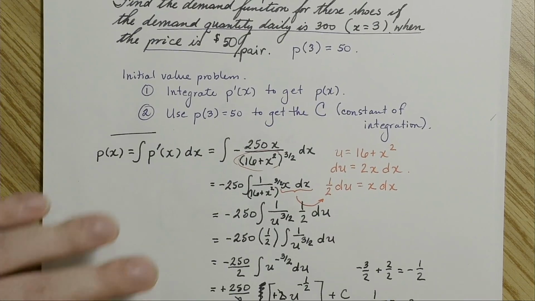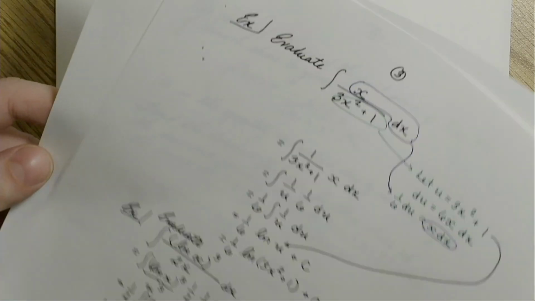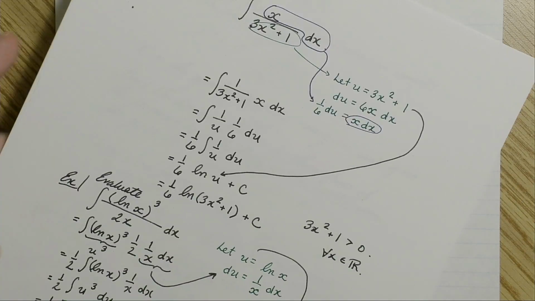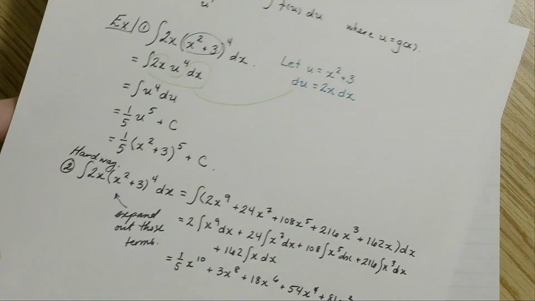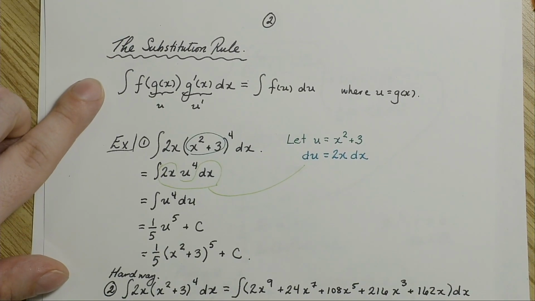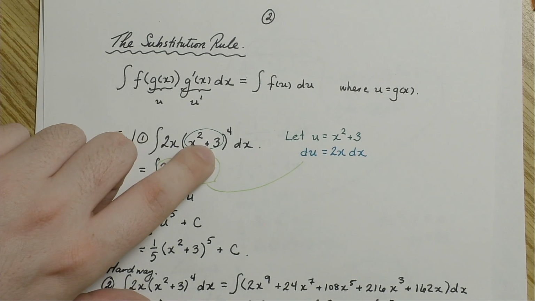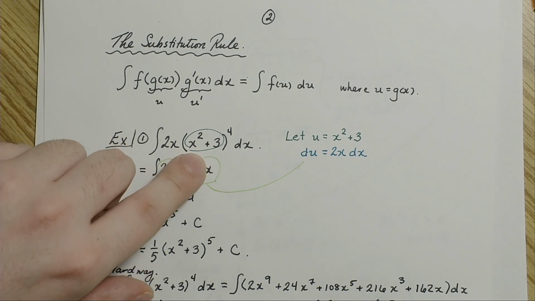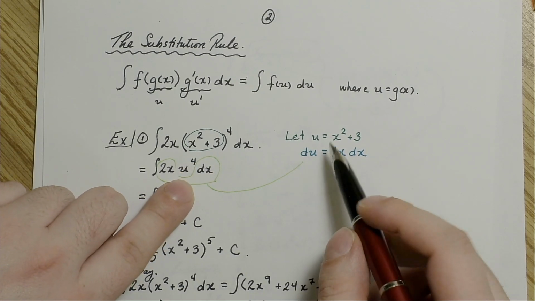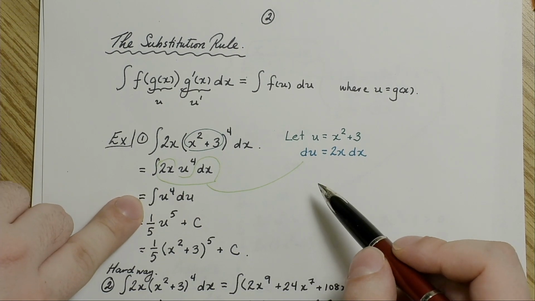Okay, so that is all that I have for today. I hope that was fairly clear and straightforward. But again, while there is that substitution rule, which you'll probably find in the textbook, it all comes down to finding things that are pretty complicated, replacing it with a variable, and hopefully it simplifies it down to something that we know how to solve.